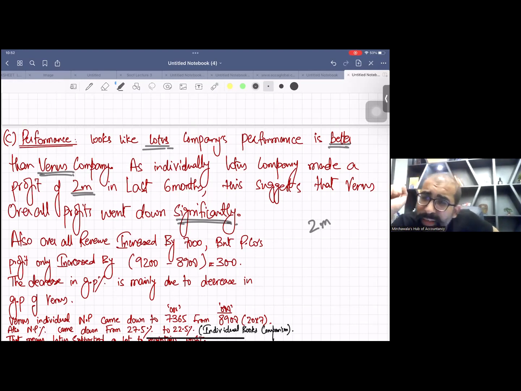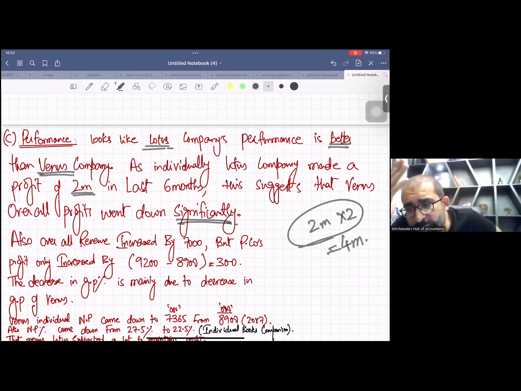So out of 9800, just think 4 million relates to the subsidiary. That means the real profit of the parent company was too much lower, and you have seen that by calculating the separate profit with that reverse working. So the performance of the parent company is not that good as compared to the subsidiary.